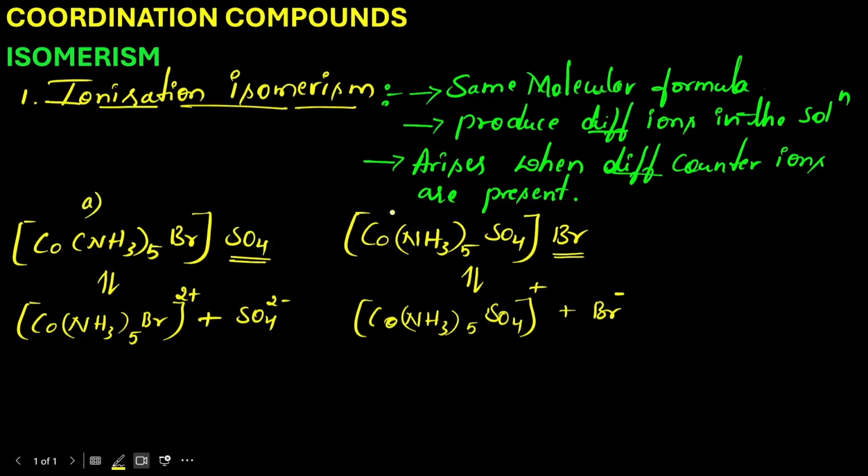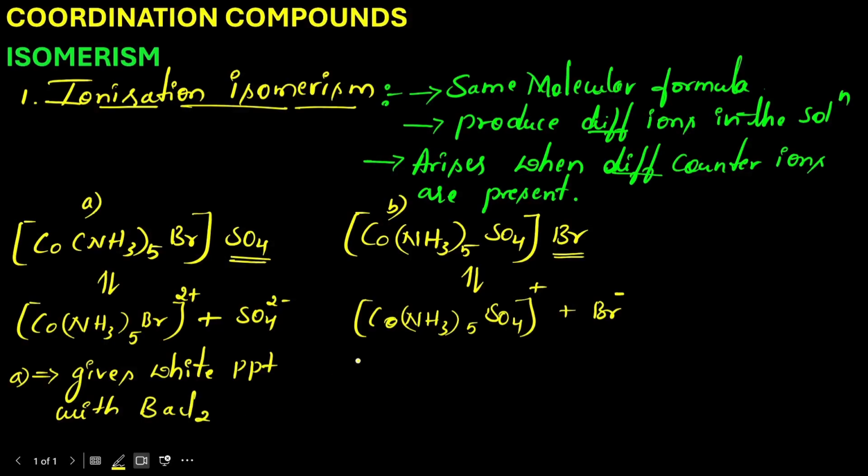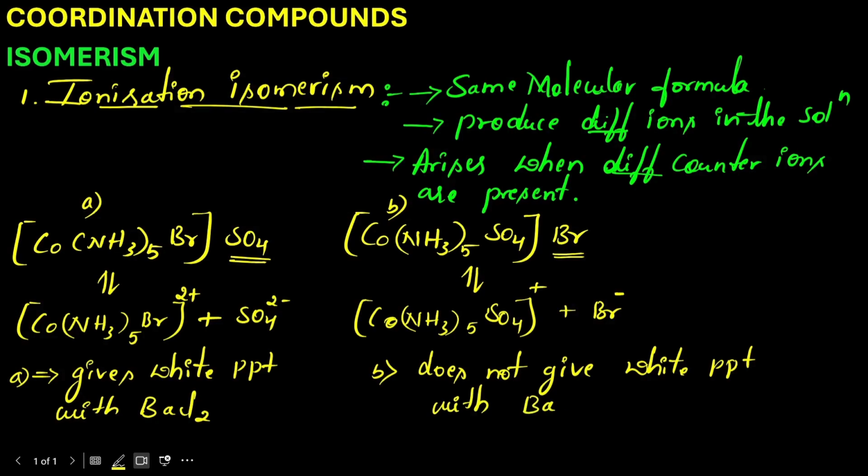Consider this is A and this is B. When you add barium chloride solution, A gives white precipitate with BaCl2, but B does not give white precipitate with barium chloride.